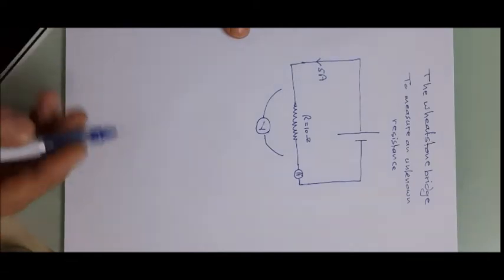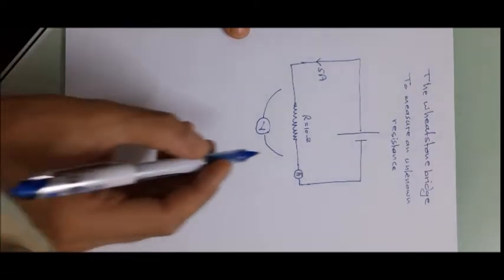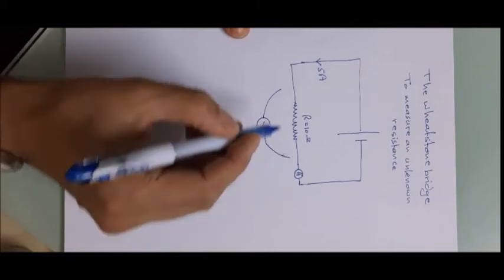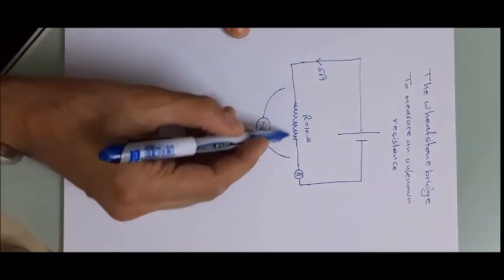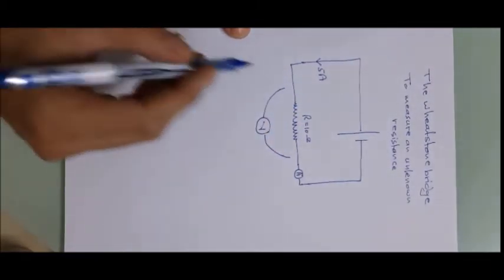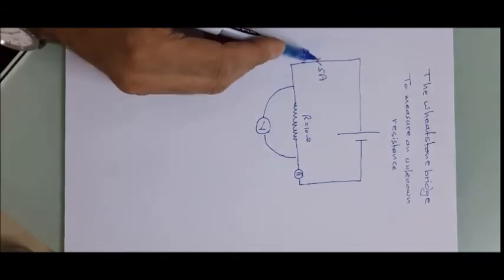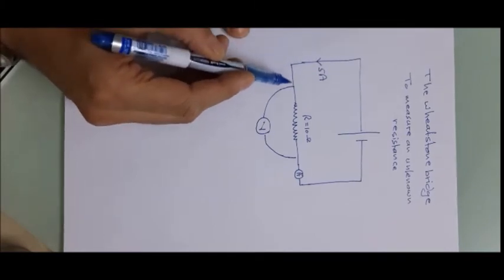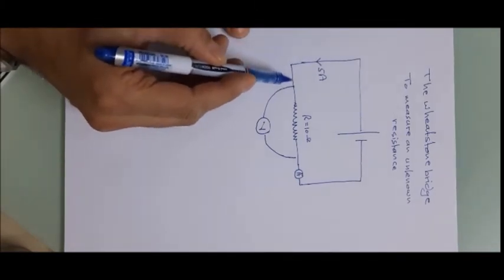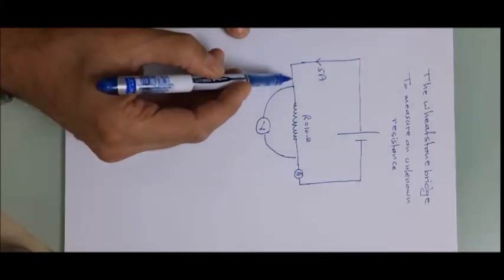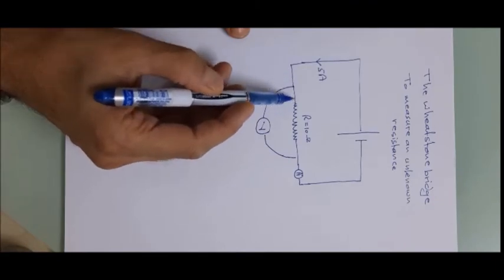But what happens is the following. When we connect the voltmeter in order to measure these 50 volts around this resistance, now this current, the 5 amperes, when it reaches this point, in fact does not go entirely to the resistance.